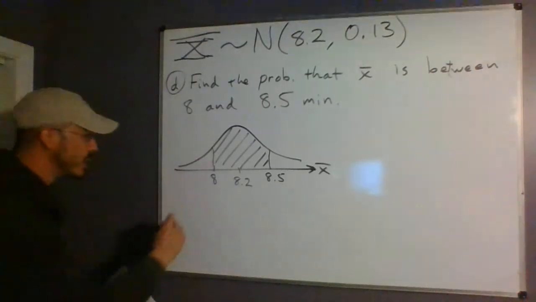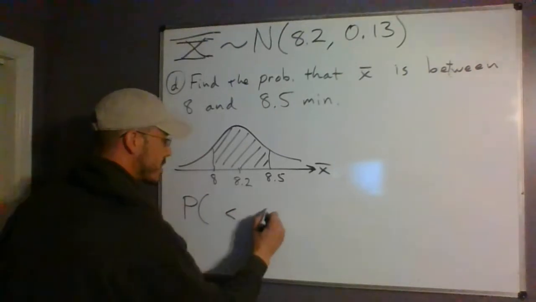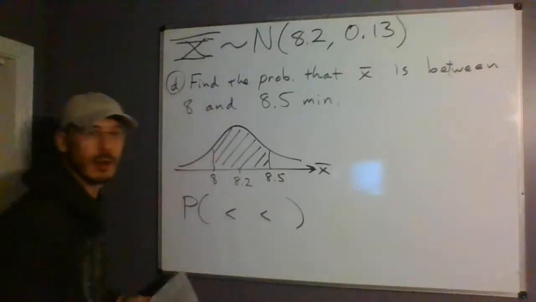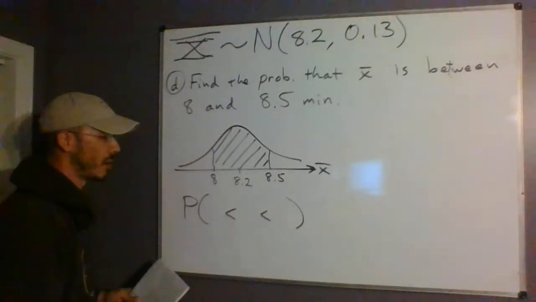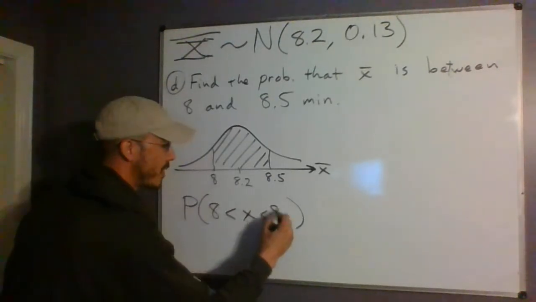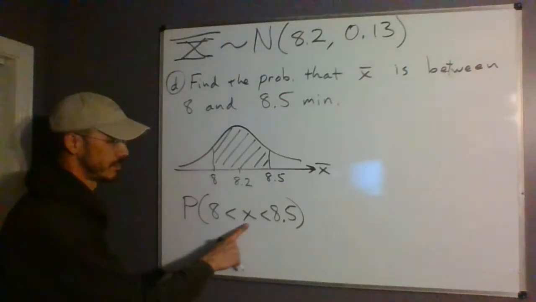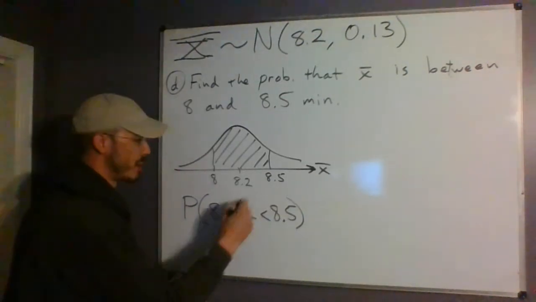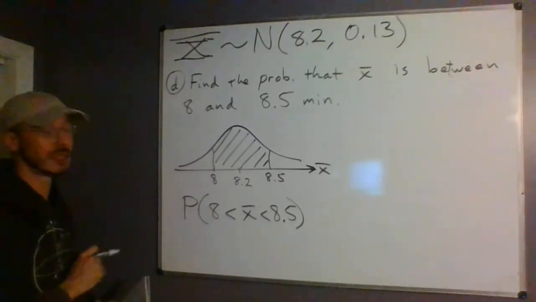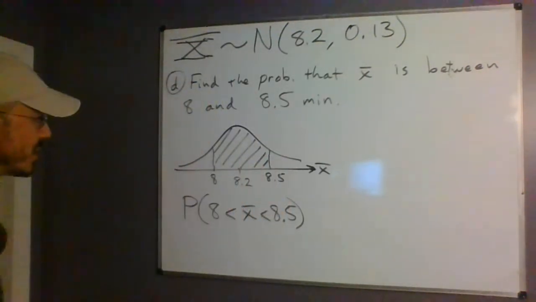In the probability notation, I'm trying to find the probability that x bar is between 8 and 8.5. The probability that the sample mean is between 8 and 8.5. Not an individual, a mean from a sample of size 60.